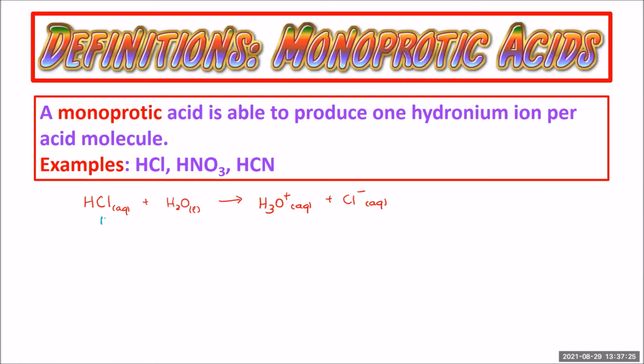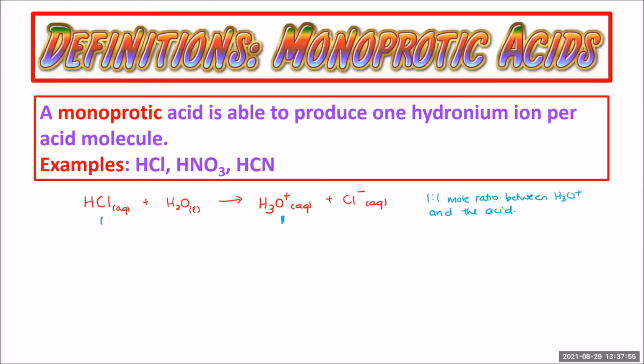So there's a 1-to-1 mole ratio between the hydronium ion and the acid. And that is always the case when you're looking at a monoprotic acid. You always get that 1-to-1 mole ratio between the hydronium ion and the acid.